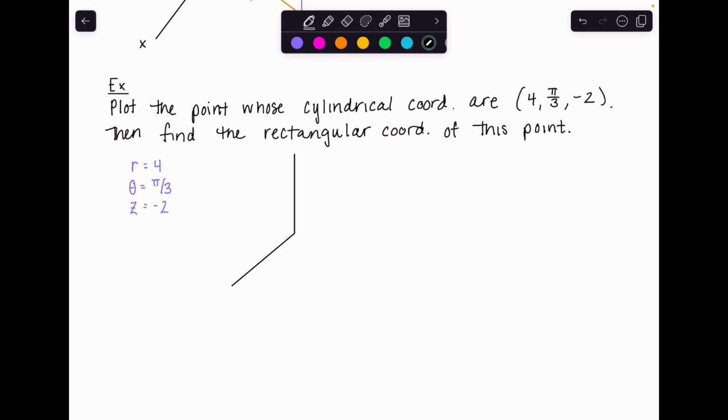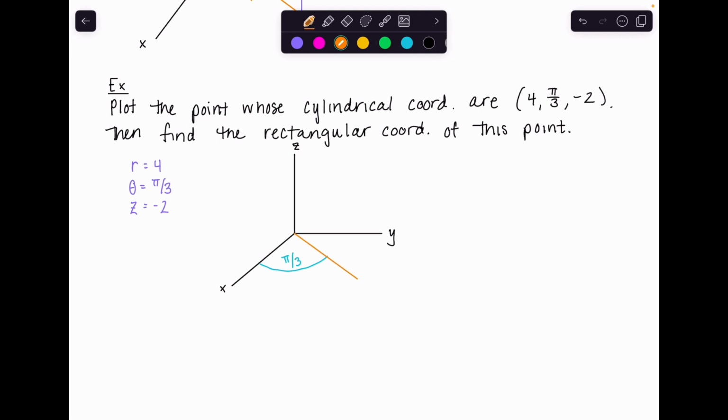All right, so let's get our xyz plane going. So starting with that angle, I have to go pi over 3, which is 60 degrees. So starting at that positive side of the x-axis, I go forward 60 degrees, which is to right around here. Then I need to go out a distance of 4.